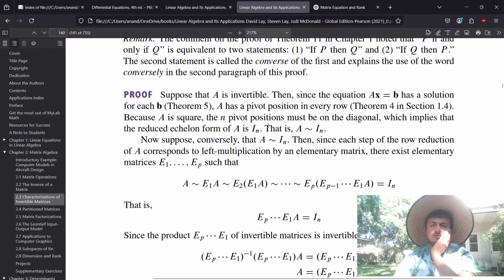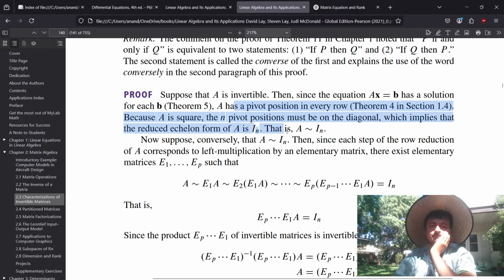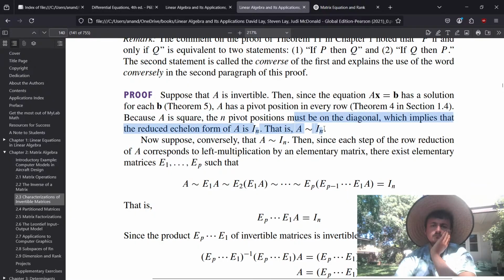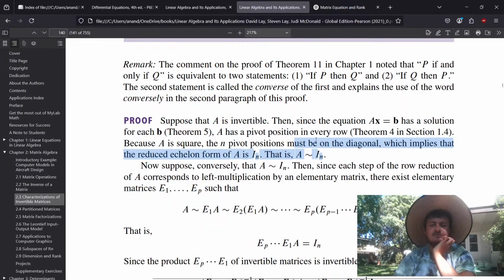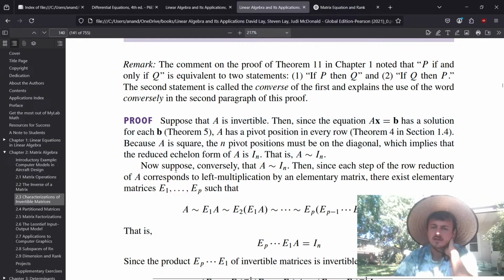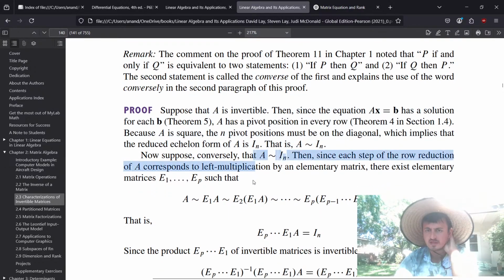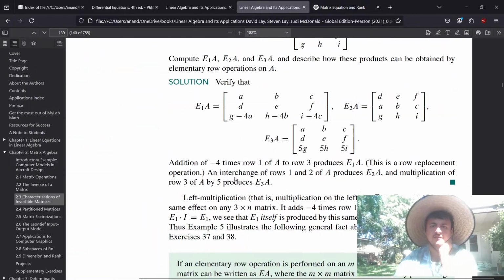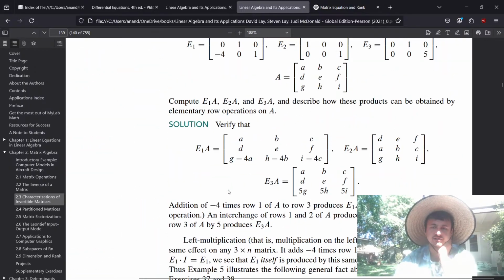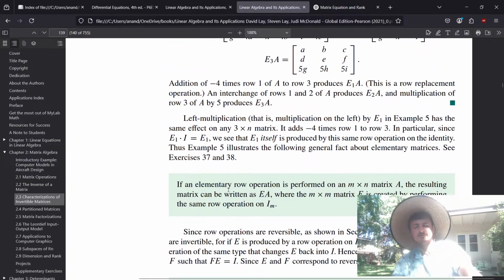So suppose A invertible. All right, so this is the if and only if proof. The first one is the obvious one. Oh yeah, and the cool thing about this is that every elementary row operation can be defined as a matrix.